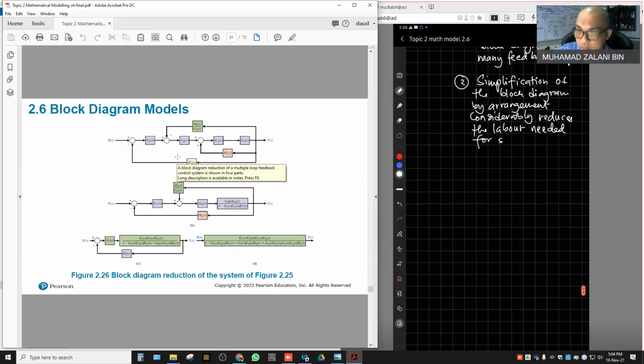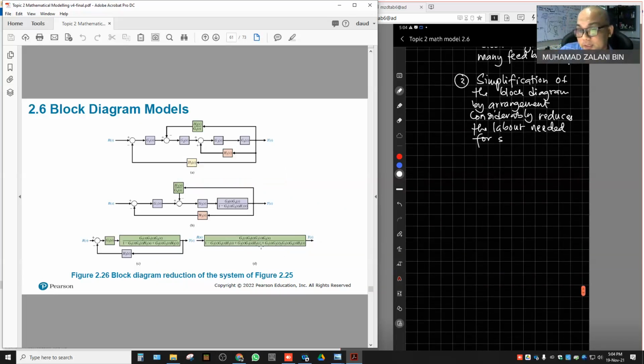Oh, okay. So in terms of mathematical analysis, it is simpler because there is only one block. No need to deal with many blocks.